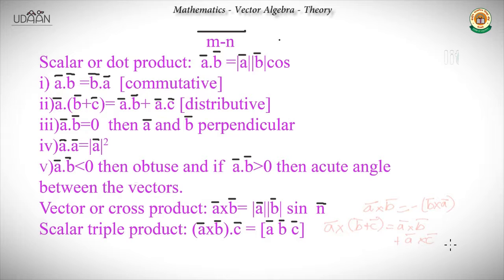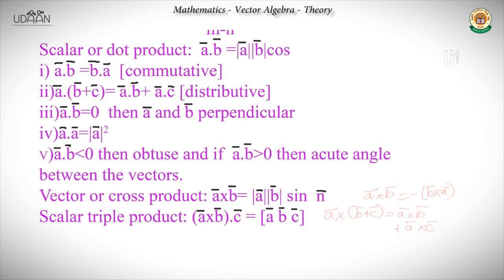Now we turn our attention to the scalar triple product. If there are three vectors a bar, b bar and c bar, then the scalar triple product is given by a bar cross b bar dot c bar. It is called scalar triple product because the result will be a scalar.